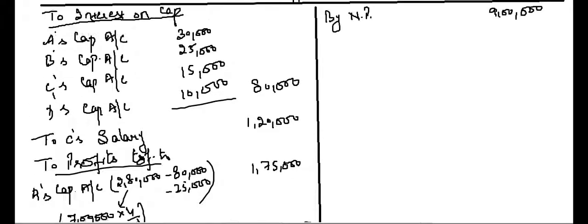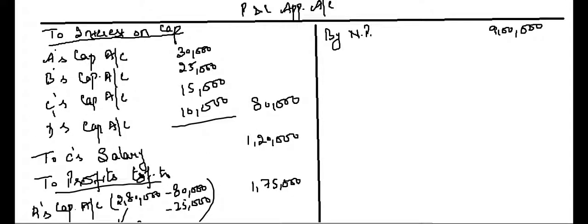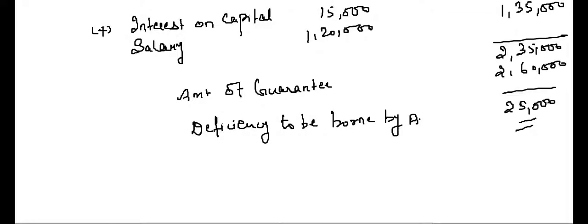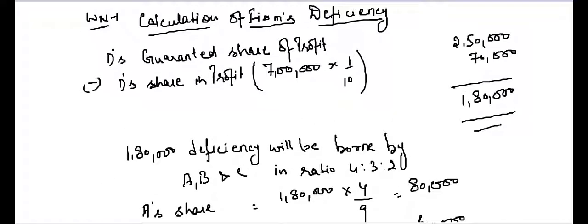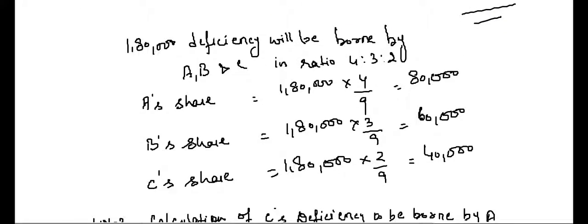Okay. So you can write this down. You can write these working notes also. If you have not written, I'll show you the working notes once. This is a very good question. This covers all the aspects of the guarantee of profit to a partner. It is covering both the cases where there is a guarantee by the firm and where there is a guarantee by one partner.